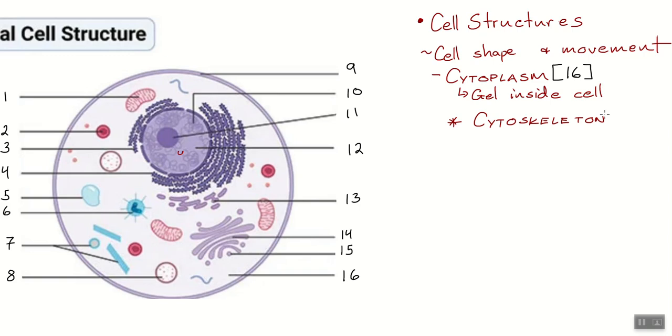Now this cytoskeleton, and I'll show you a different picture because it doesn't show up super clear here. Within the cytoskeleton, we have a bunch of protein fibers that work as a way to create, one, a different organelle that we'll look at here in a second, but they create structure. So we'll just say protein fibers, which when we talk about fiber, think like fibers they would use to make clothes. Protein fibers for structure. Now, maybe there's a little bit more that happens here, but we're going to get to it.